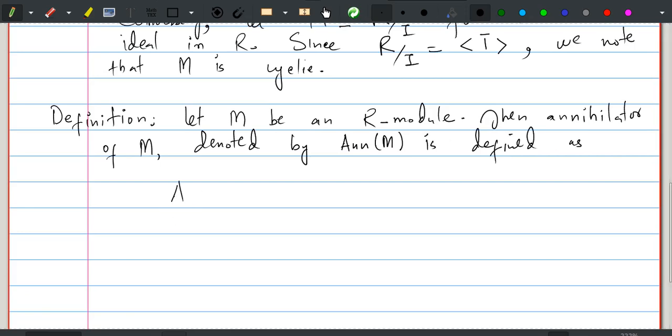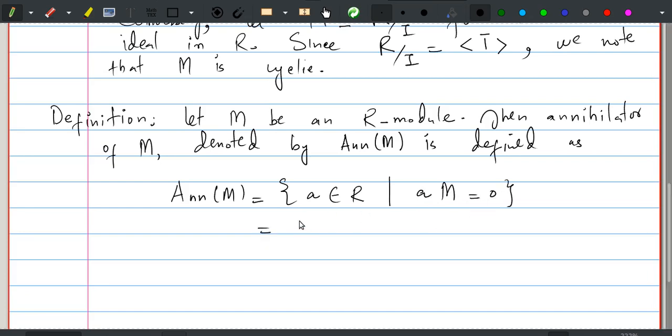so this annihilator of M is actually a subset of R. So it contains all those elements in R which annihilate M, that is, r times m is 0.